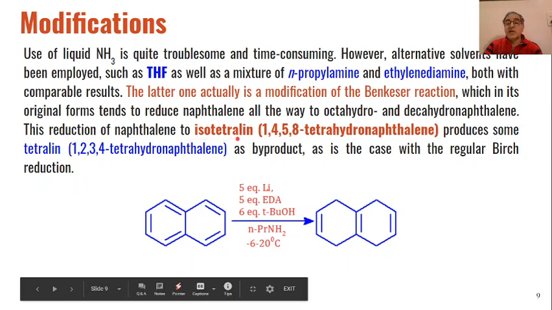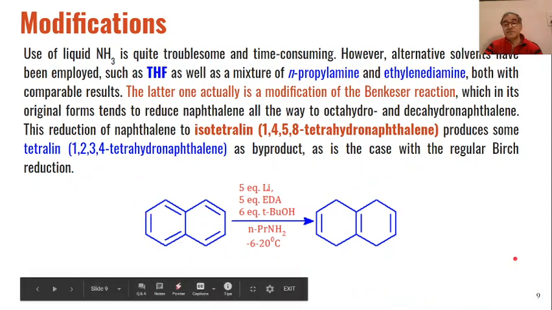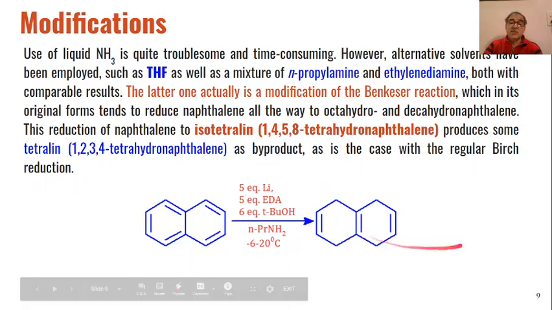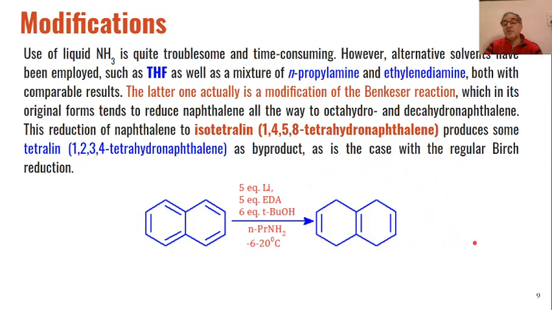This is called as isotetraline, and in addition a small amount of tetraline, that is 1,2,3,4 tetrahydronaphthalene is also formed as a byproduct when we are using regular BIRCH reduction reaction. Whereas when we use modified condition, that is Banks's reaction conditions, then we are getting this as the product, isotetraline. 1,4,5,8 tetrahydronaphthalene is formed as the product.